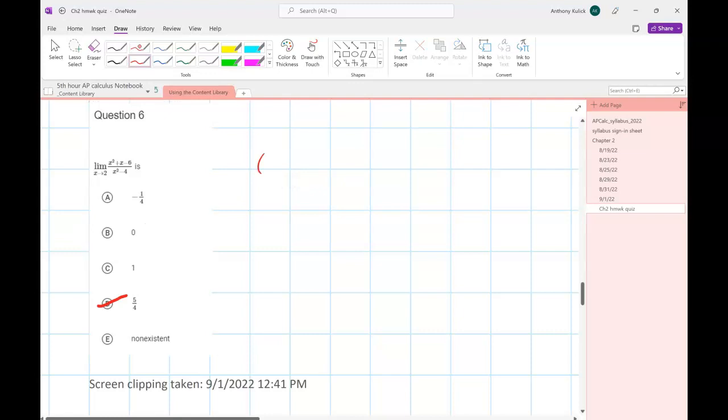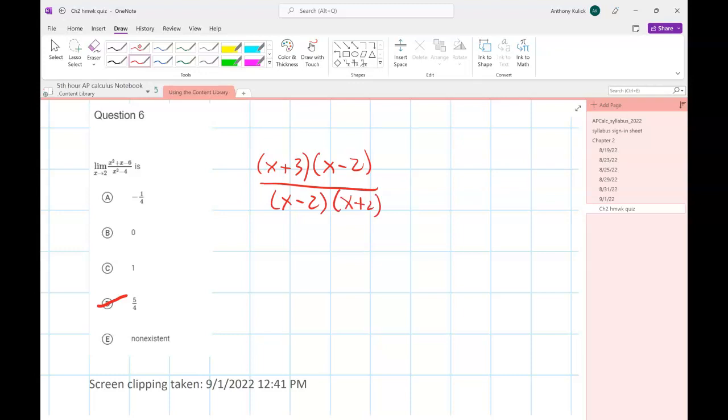However, I should recognize that that rational function is factorable. So those can reduce. So this is the same thing as just taking the limit as x approaches 2 of x plus 3 over x plus 2. And then you can just direct sub to get 5 over 4. Everybody cool?